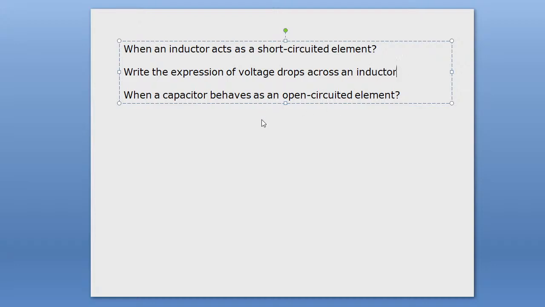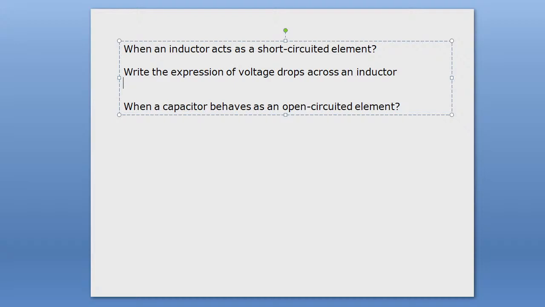Write the expression of voltage drop across an inductor. If the current flowing through the inductor is i(t) and the inductance value is L, then it is L di/dt, right? Orkodeep, L di/dt.